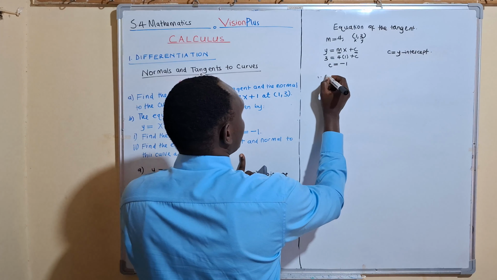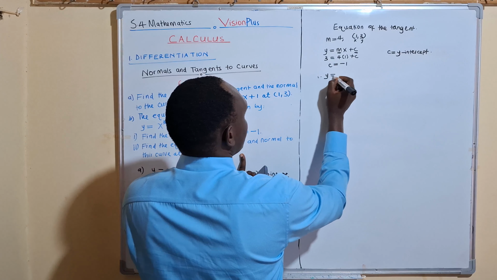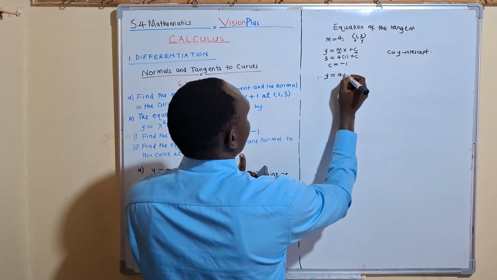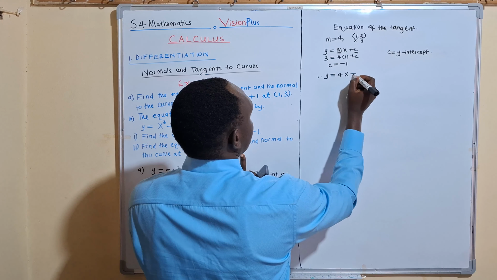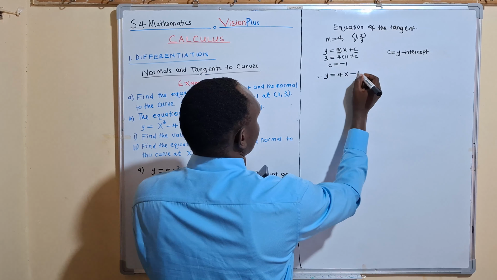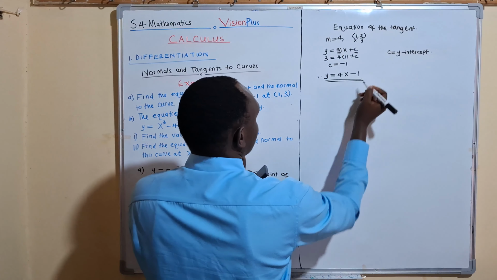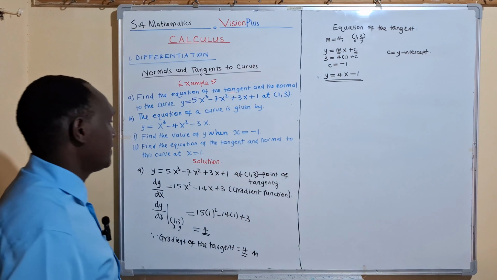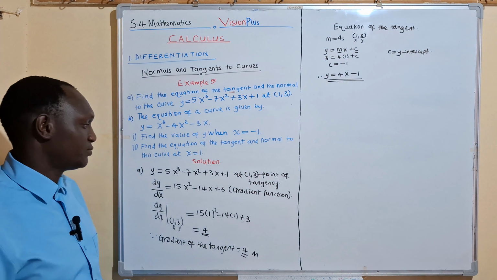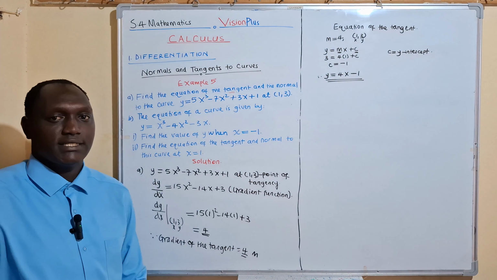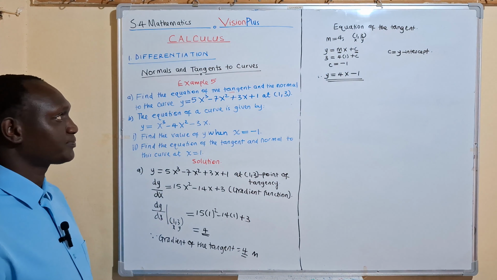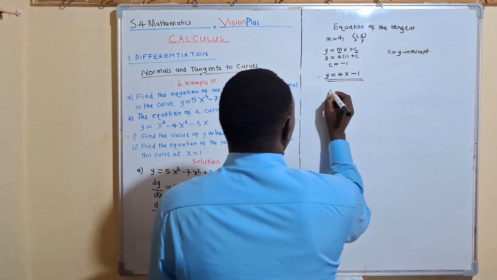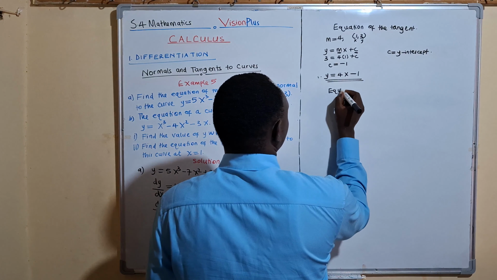Therefore, the equation of the tangent is y equals 4x minus 1, at the point of tangency (1, 3). In the same manner, we go to the equation of the normal.